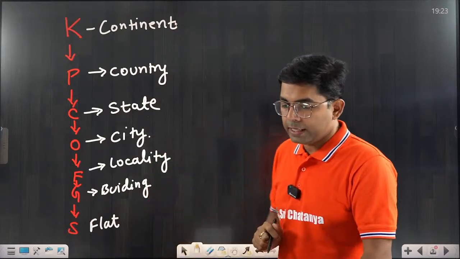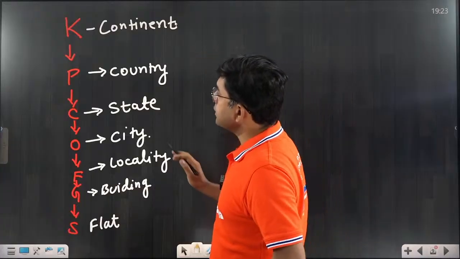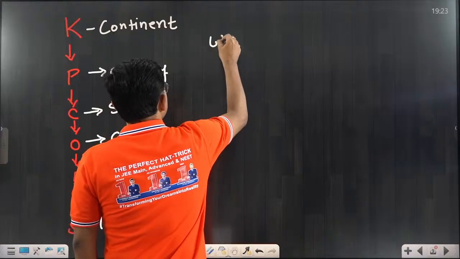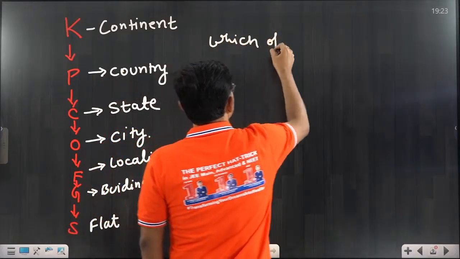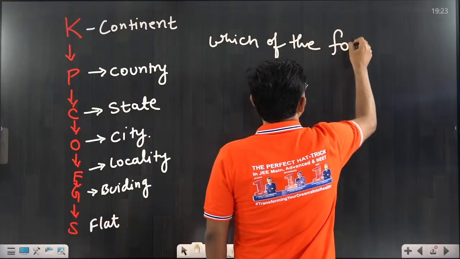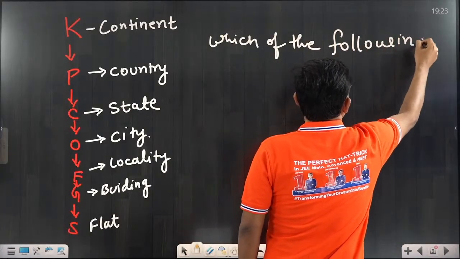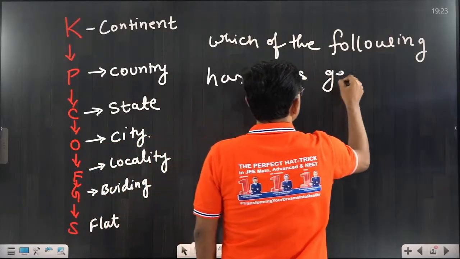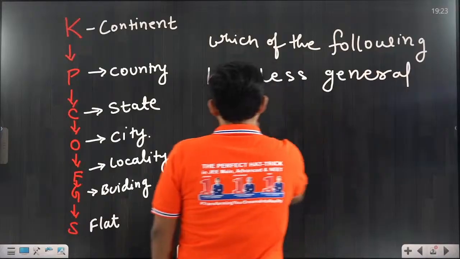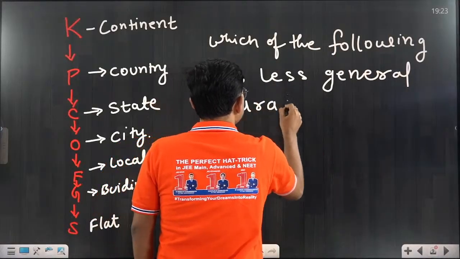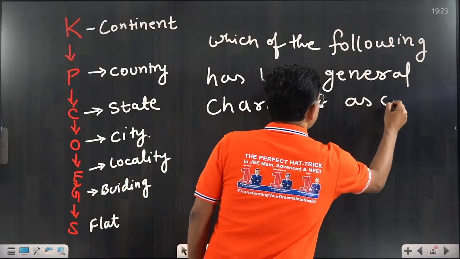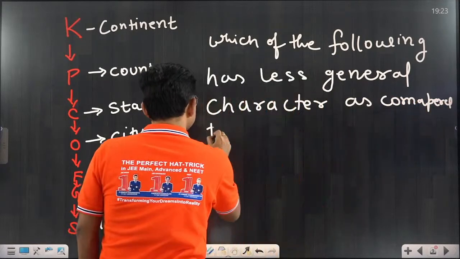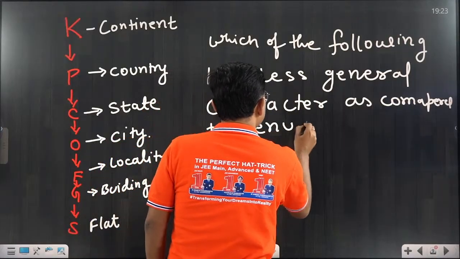So now here if I ask you, this is one question. Which of the following has less general character as compared to genus?